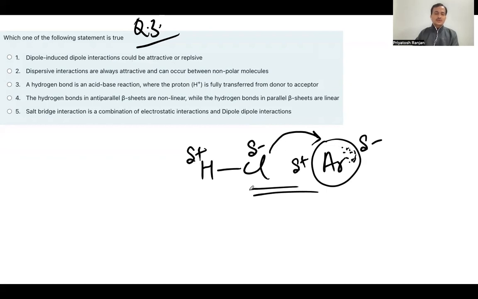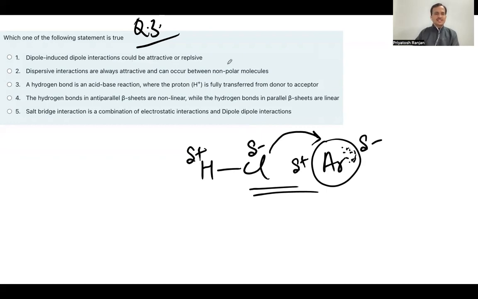As you can see here, it's pushing the electrons on that side. Why is that happening? Because this end of the HCl molecule is carrying a partial negative charge. When it comes into close contact with the argon, where the electrons are moving in a so-called spherical manner, at some point this end will push the electrons to the other end of the argon molecule. I'm talking about the electrons of the argon. By doing so, they are going to induce a dipole.